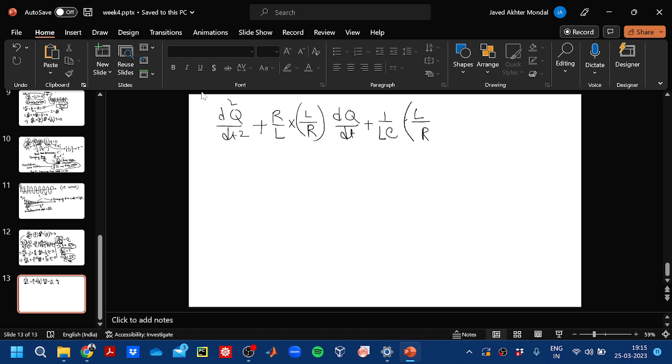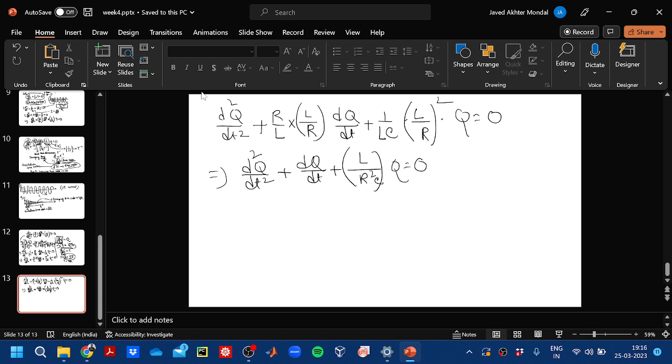So it will be l by r squared into q. So if we simplify this, what we are left with is d2q dt square plus dq dt plus l by r square c into q.